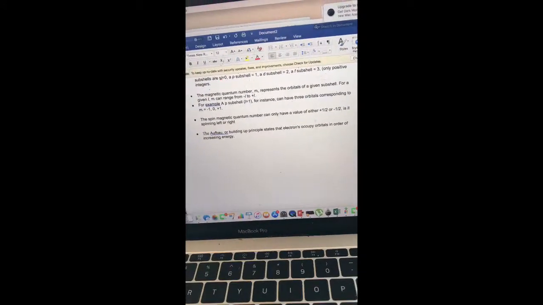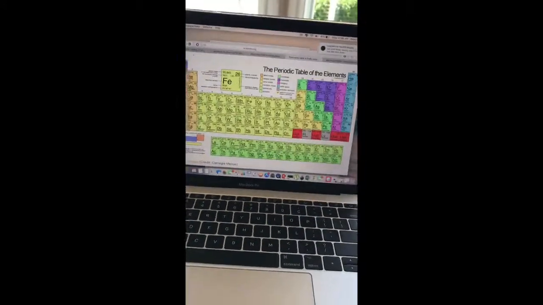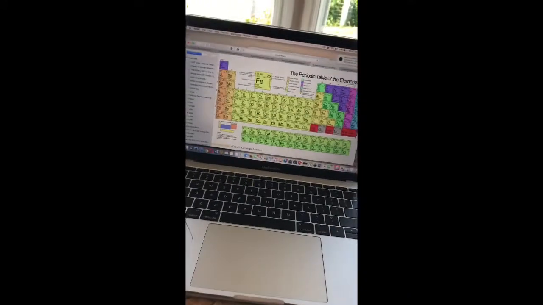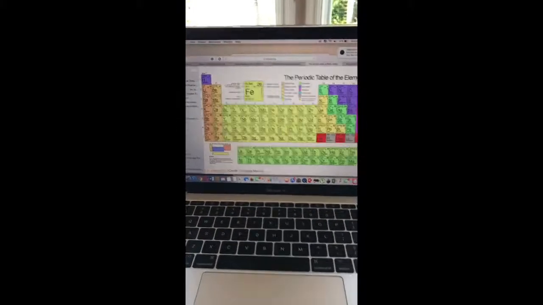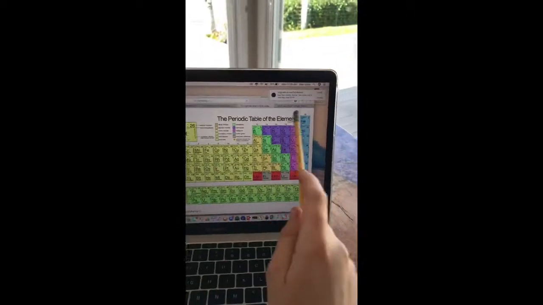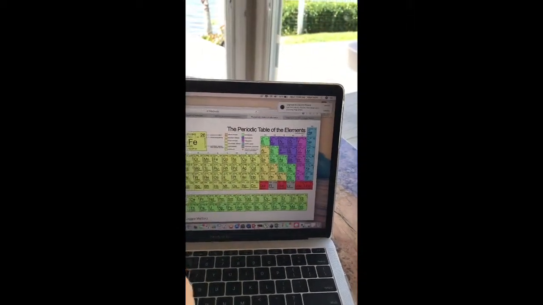Okay, so let's start. I have the periodic table. We'll start with carbon. That's the first element. It's really not that far. So basically how we would count, this is the S's. S is only going to be S1 and S2.